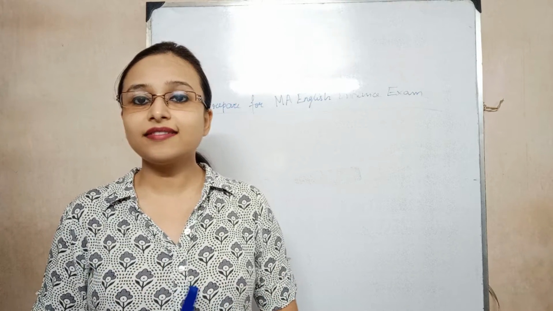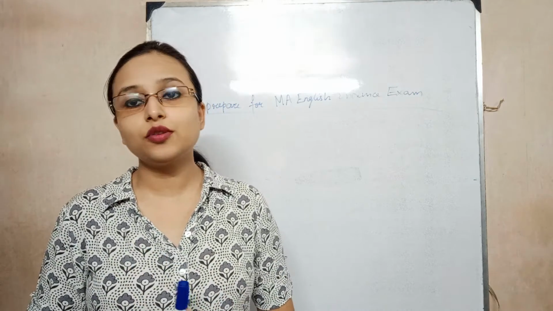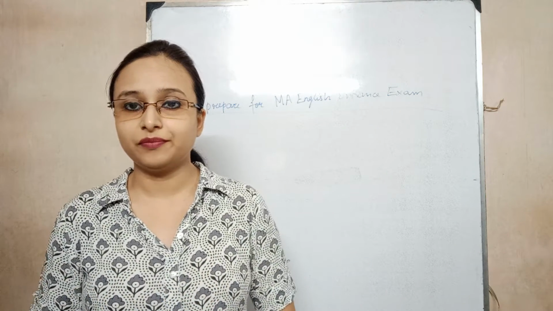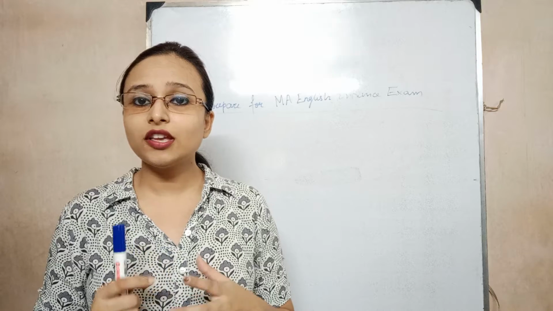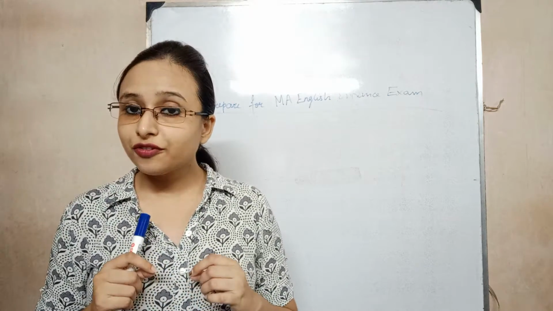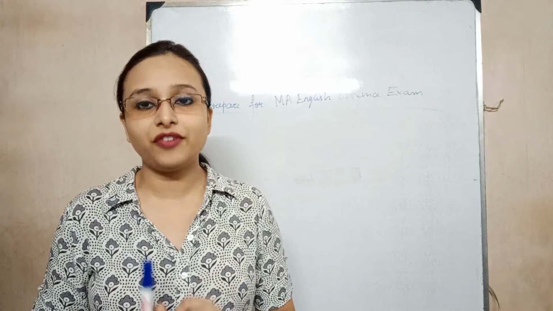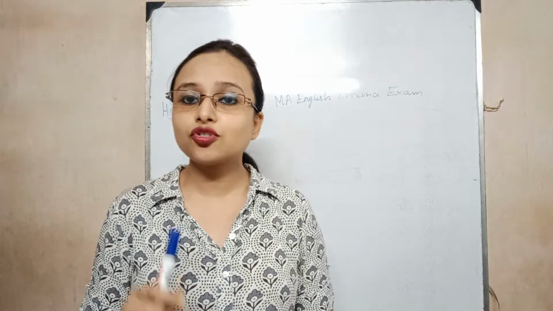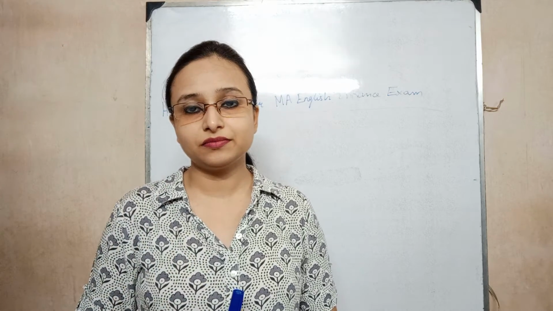Here I will discuss some of the important tips you can follow if you wish to go through this. First, full historical coverage of English literature. You should focus on the history of English literature, starting from the ancient period to the contemporary period.